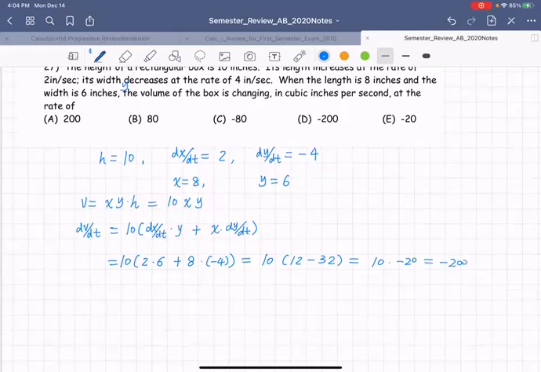That makes sense, right? That's just solving for volume. You list the formula and then you can do the product rule, and you plug in the given conditions. All right. You have no trouble for this one.